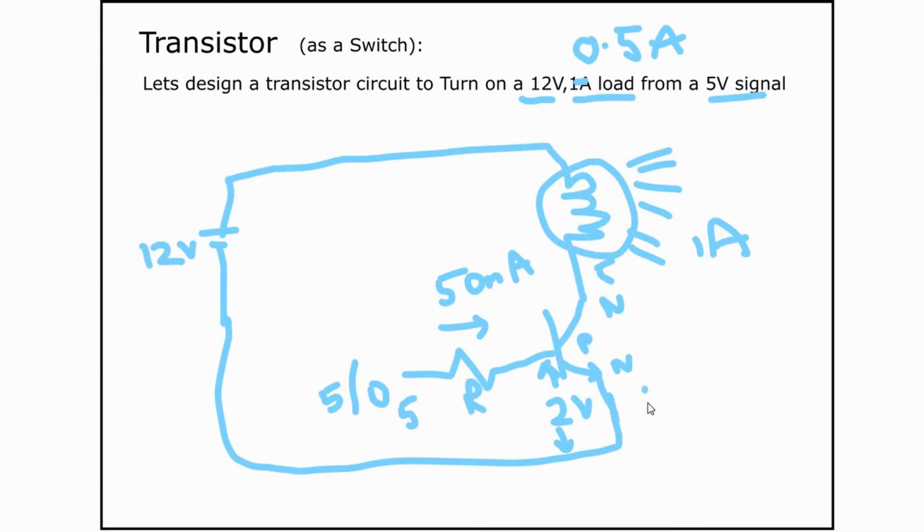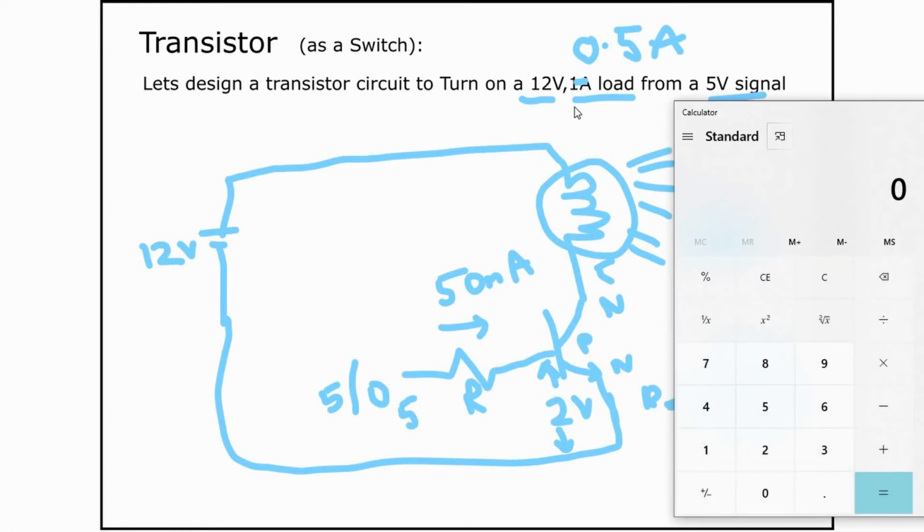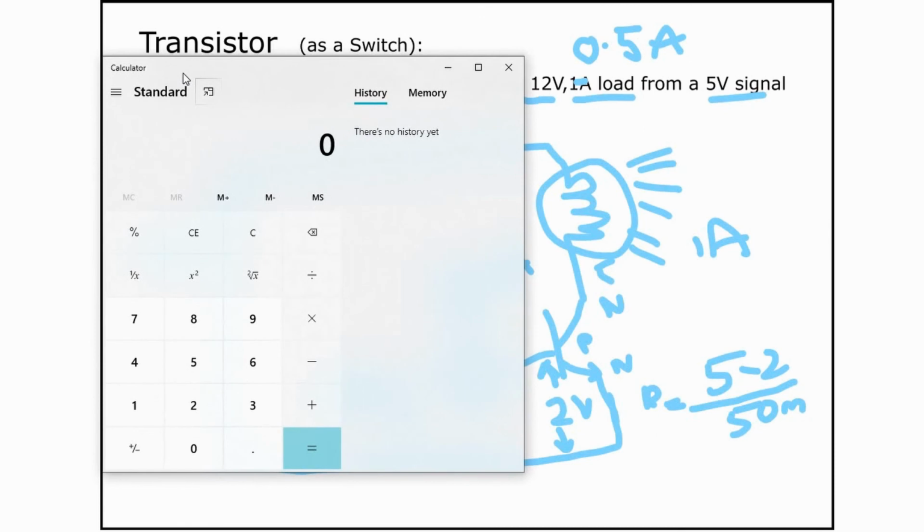So my R will be 5 minus 2 divided by 50 milli. Let me pull up the calculator. So 5 minus 2 is 3 divided by 50 milli is 0.05. That is 60 ohm.